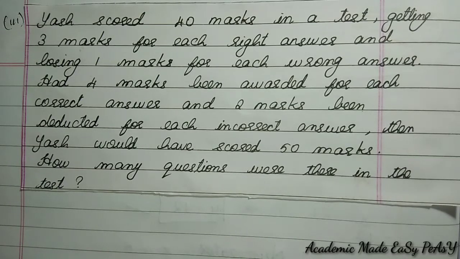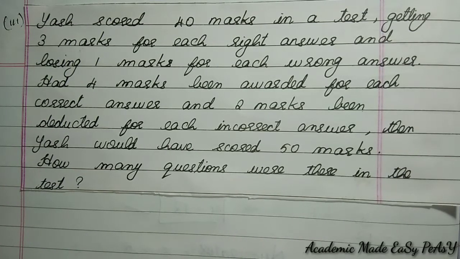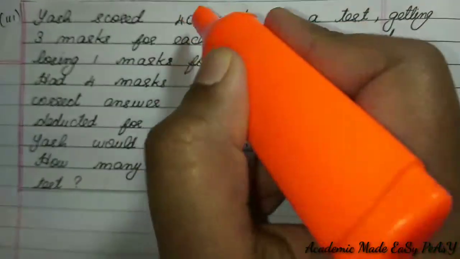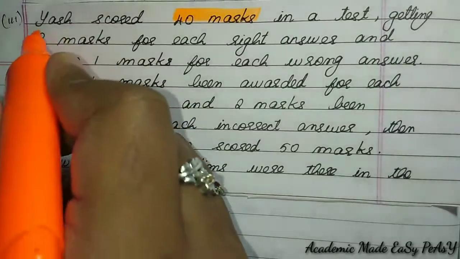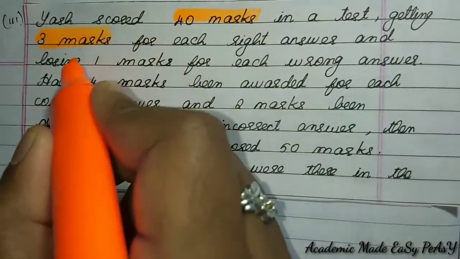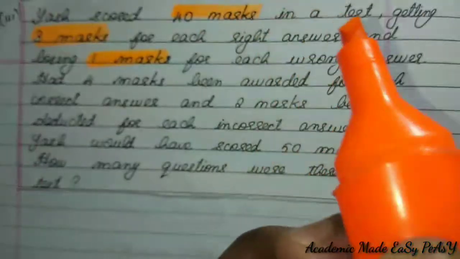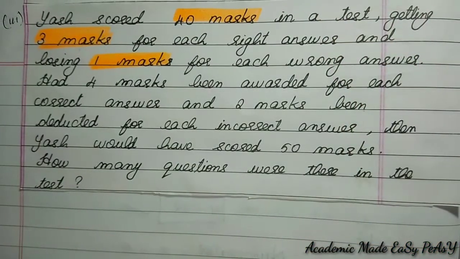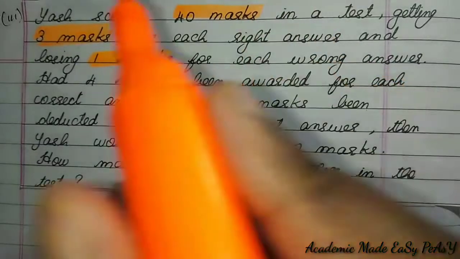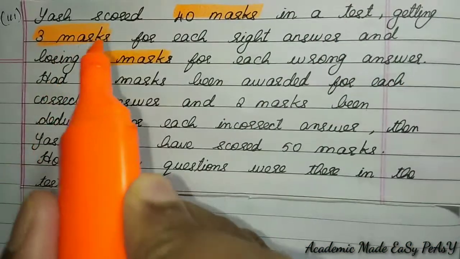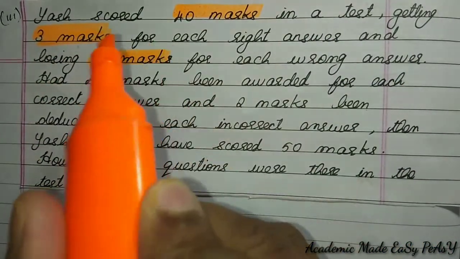So a person had written the test, so he scored 40 marks for the test, getting 3 marks for each correct answer and losing 1 mark, that is minus 1 mark, for each wrong answer. So the total mark is 40 after the wrong answers have been deducted.